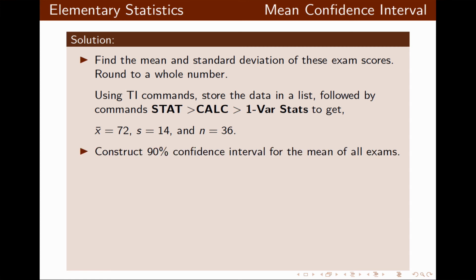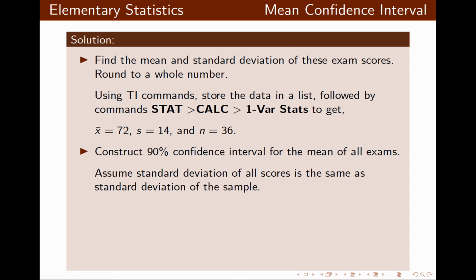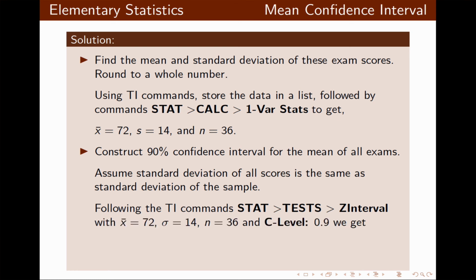Now to construct a 90% confidence interval for the mean of all exams, assuming the standard deviation of all is the same as the standard deviation of the sample, we're going to go to Stat, we're going to go to Tests, and then we're going to go to Z interval. We enter the values for x bar, sigma, n, and C level, making sure the input is on the stats option.